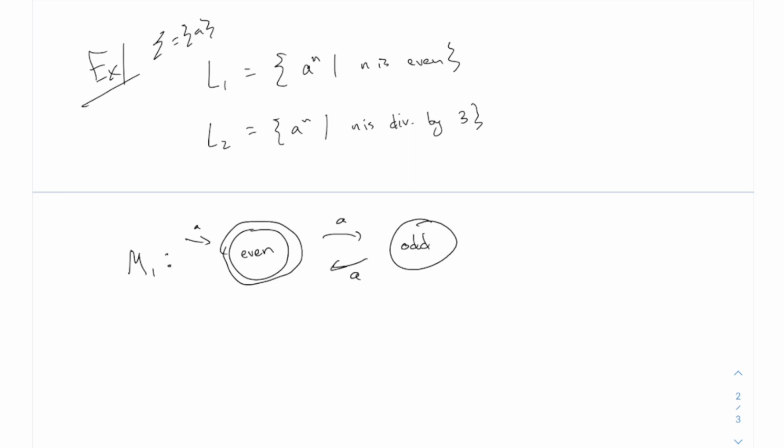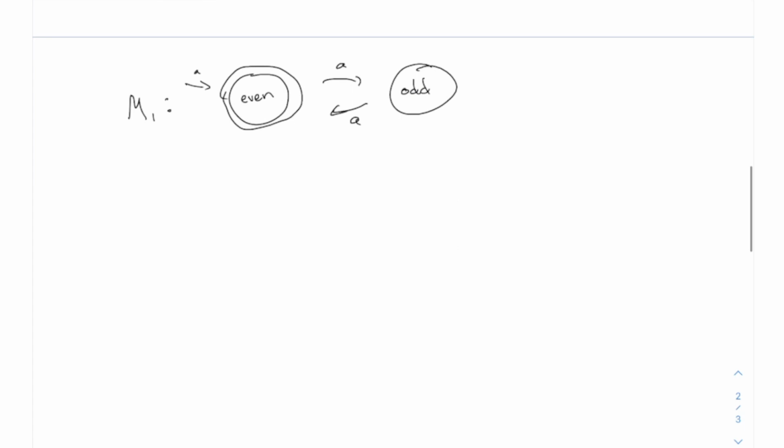My second machine, n is divisible by 3. Anybody remember how to do that? Did you need 3 states? Yeah, 3 states kind of going in a circle. So I'll call this one M2. This will be the machine which accepts, it's going to be like this, right?